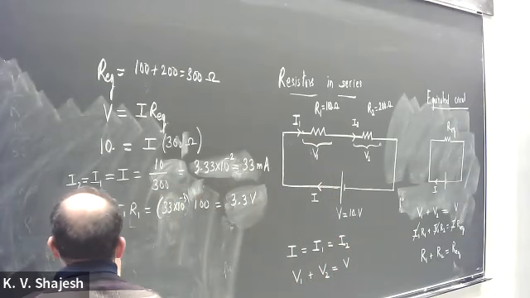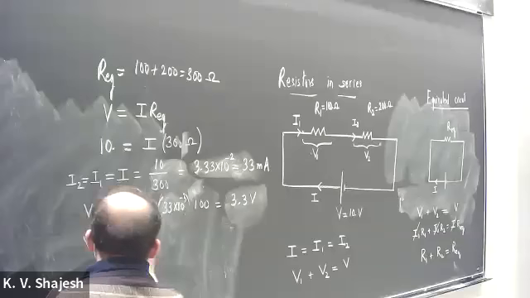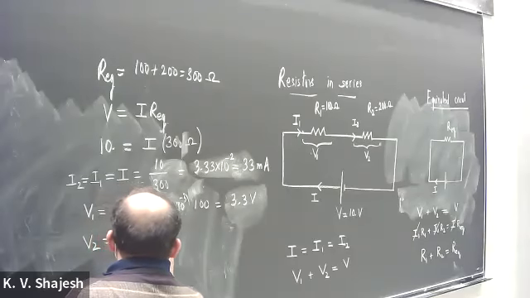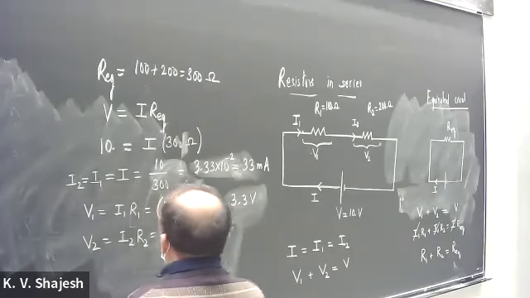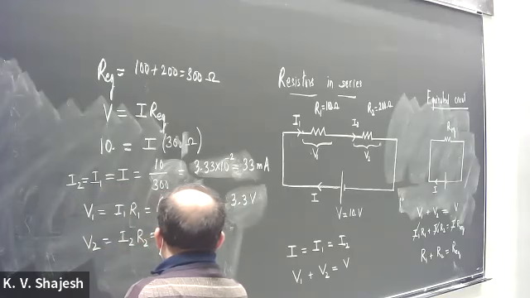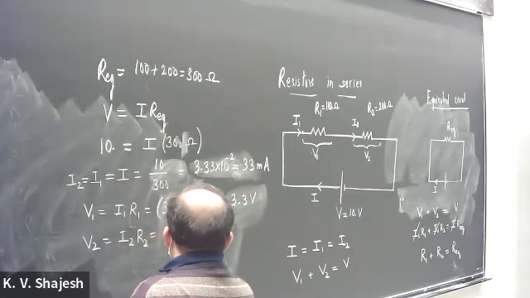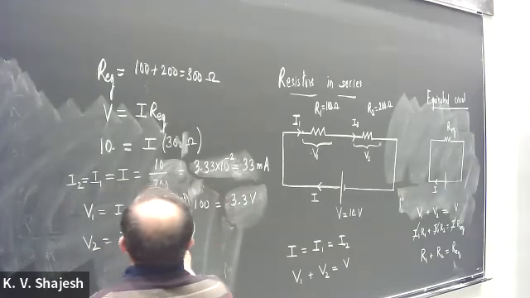So V2 similarly is equal to I2 times R2. That's equal to I2 is the same as I1, so that's 33 into 10 raised to minus 3, this time multiplied by 200.